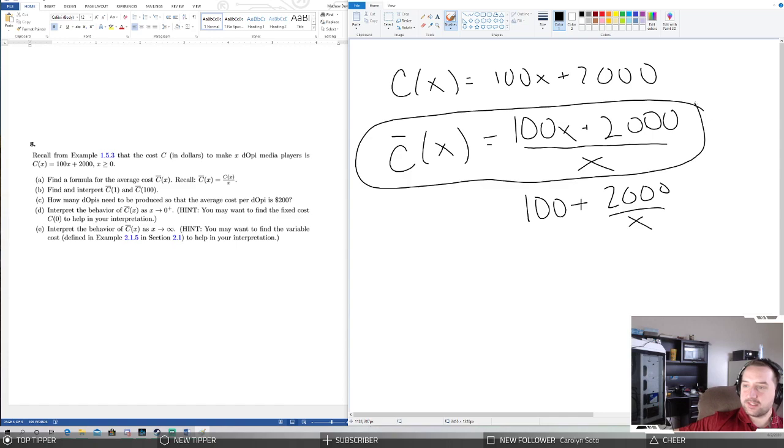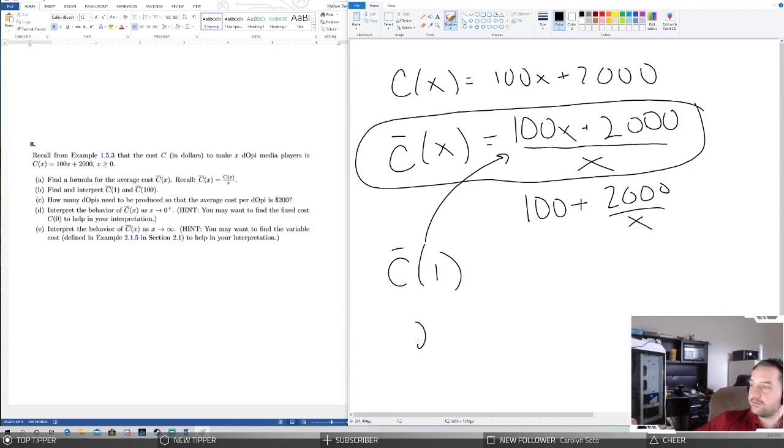For part B, it says find and interpret C bar of 1 and C bar of 100. So that means that for part B, you're just plugging in 1 or 100 into this equation here. It says how many DOPs need to be produced so that the average cost is $200.